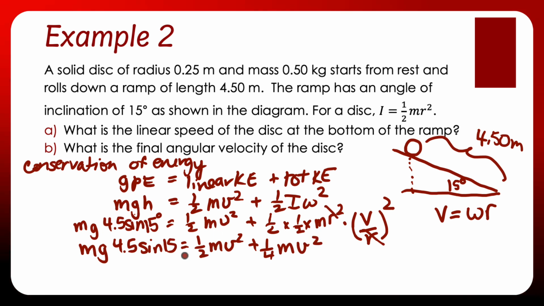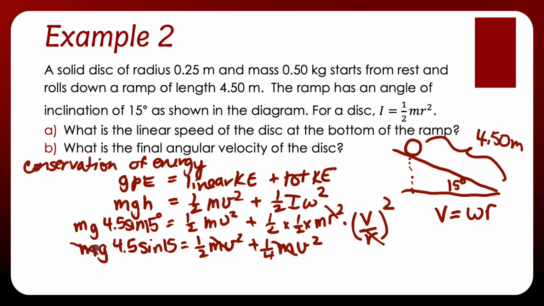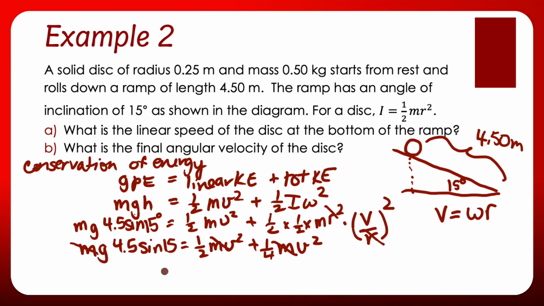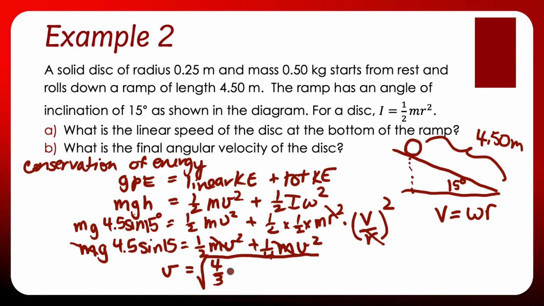Notice first of all, my m's will cancel out, which typically happens when we have conservation of energy. I have 1/2 here and 1/4 here, so together I have 3/4 v squared. I'm going to move it to the other side, which gives me 4 over 3, and this ends up under the root sign because I want to get rid of the square.